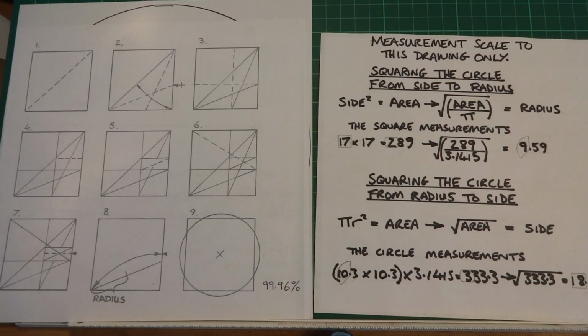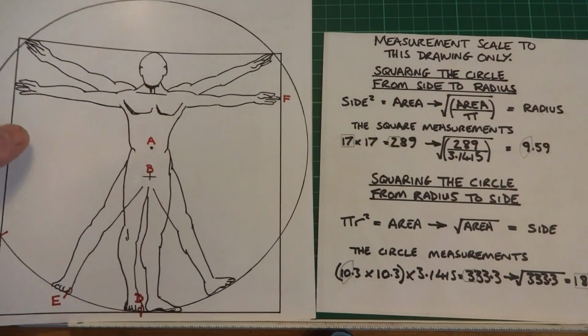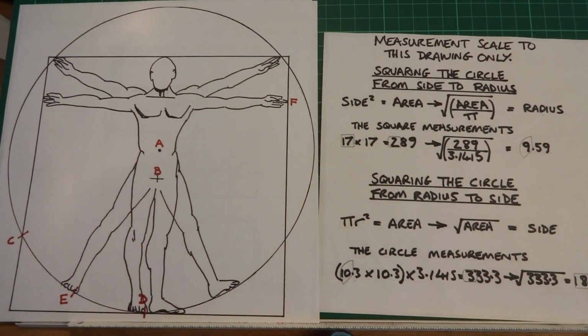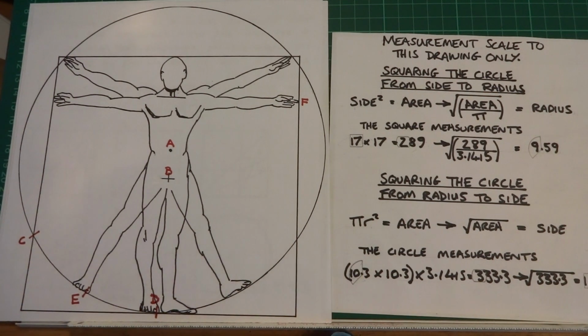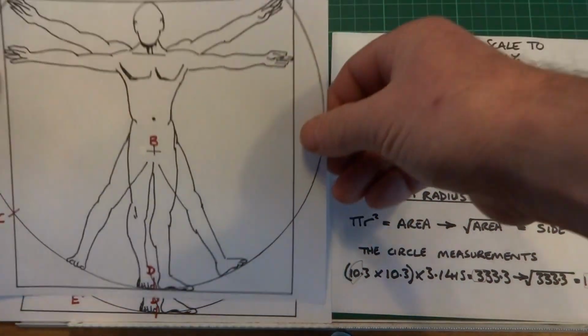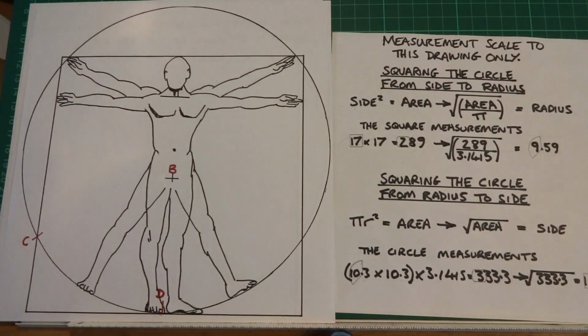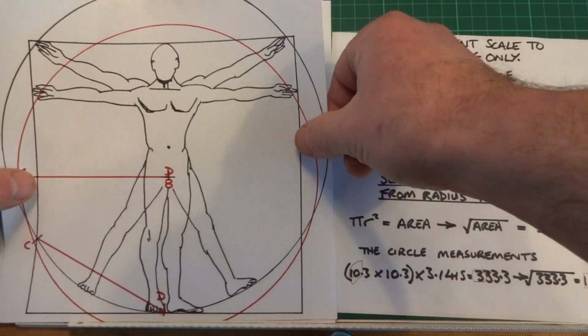The radius length ratio to the square was the clue. From these highlighted points, I recognised C and D could be the radius to square the circle of the square. I made the calculations, and it is.